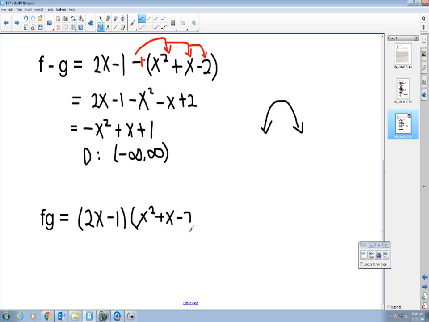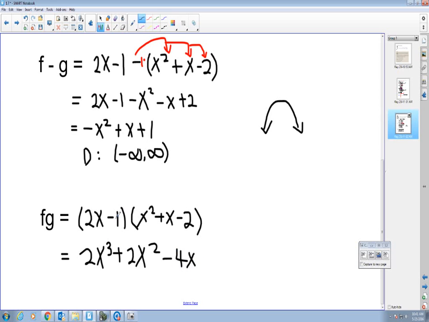So this is just a good old distribution here when I multiply them. So we say 2x times x squared, 2x to the third, 2x times positive x, positive 2x squared, 2x times negative 2, negative 4x.